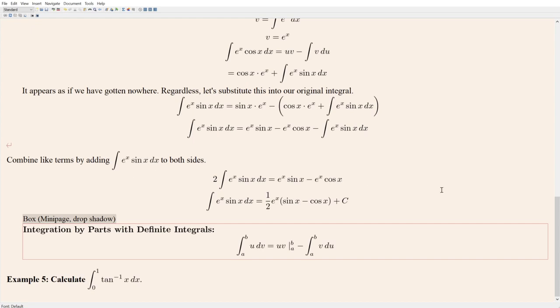But with sines and cosines, continued differentiation or anti-differentiation just leads you in a loop, right? It goes sine, cosine, minus sine, minus cosine, whatever. Similarly with e to the x, continued differentiation and anti-differentiation is going to do nothing. So integration by parts, sort of by necessity, is going to get led into a circle with these sorts of functions. But, as we can see, that's not necessarily a bad thing.